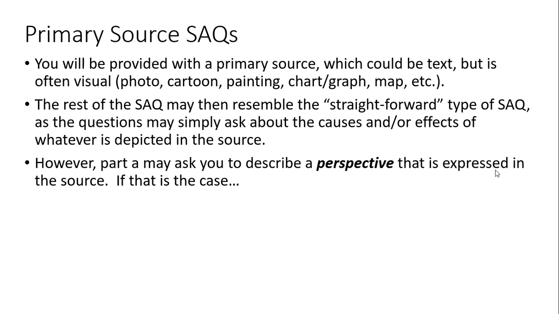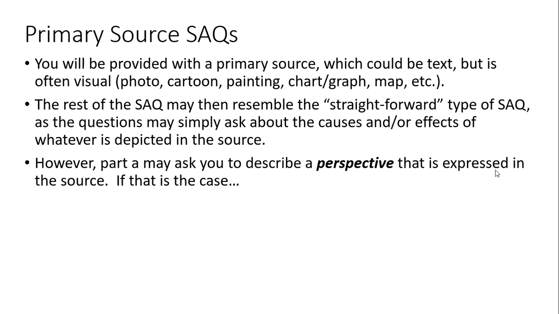Another type of primary source short answer, and you'll know it right away, because in part A, it may ask you to describe a perspective that is expressed in the source. So again, you'll be given a source. It could be text, could be photo, cartoon, painting, etc. And it'll say what perspective is being expressed in this source.